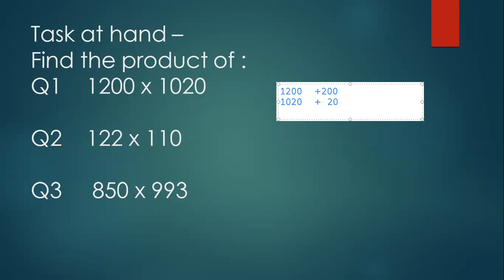When I multiply them, I get something like 4,000. I hope I'm doing it right. So I'm getting 4,000, but I should be only getting 3 zeros, right? And when I add them, what do I get? I get 1200 plus 20, so it is 1220 right away. Now what do I need to do? I need to carry over, right?